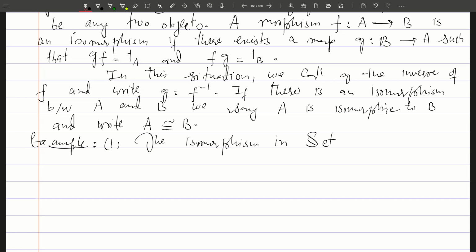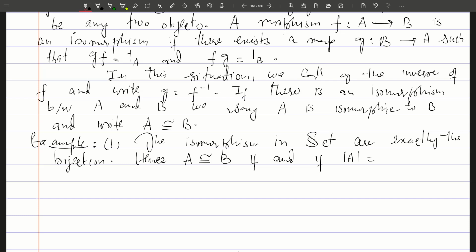So the isomorphisms in Set are exactly the bijections, and hence object A is isomorphic to object B if and only if the size of A is the same as the size of B for any objects A and B.